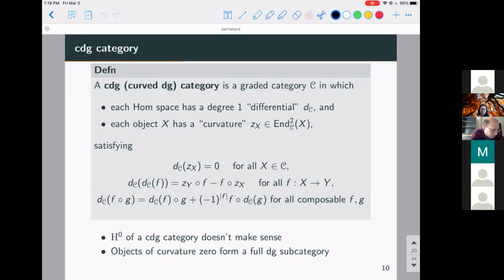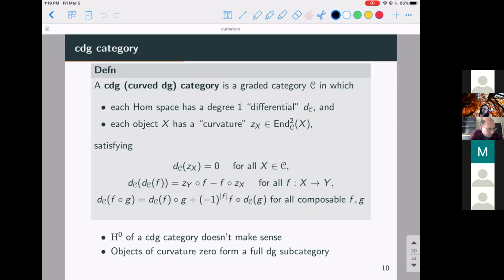But you can, for example, restrict to objects of curvature 0, and that's a DG subcategory. Or you can restrict to objects of some other fixed curvature, and that might give you some other nice DG category. So this is something that arises naturally.